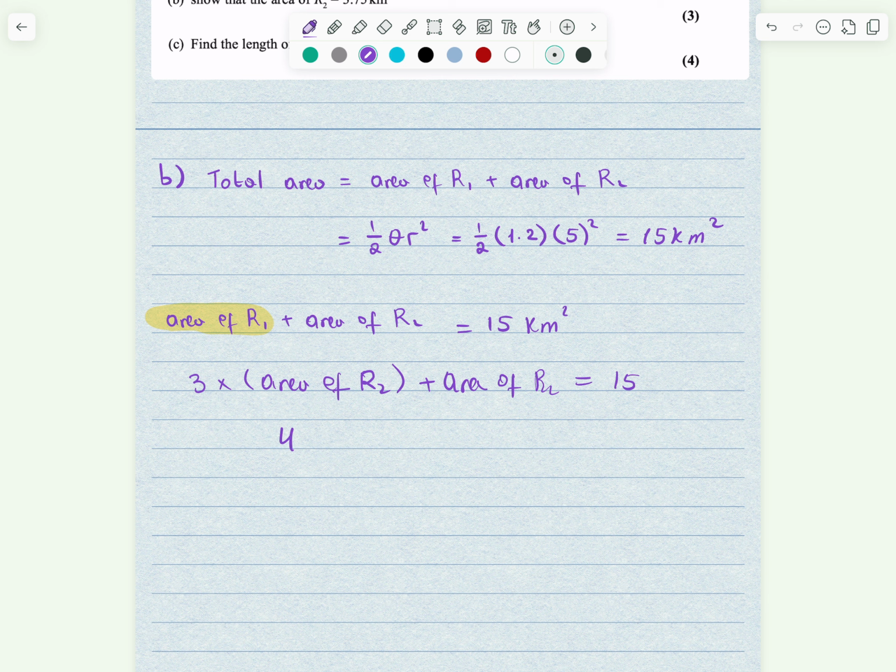That means I have 4 times the area of R2, which is equal to 15 kilometers squared.